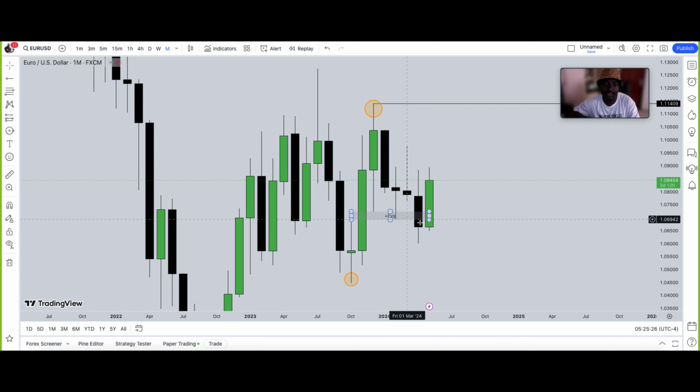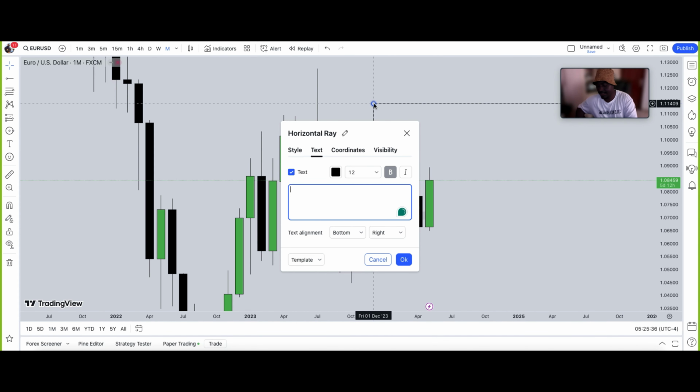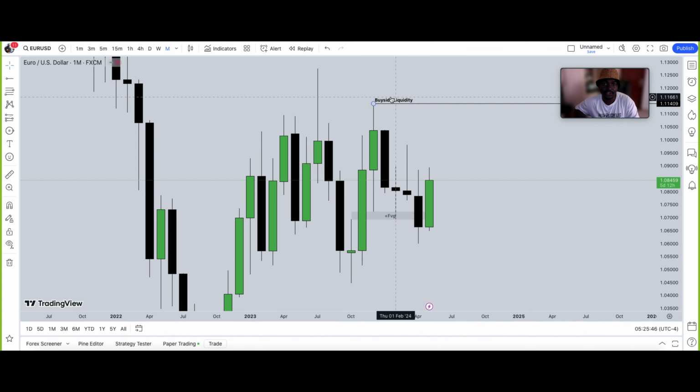And at this point here, we can see some high resistance. So clearly, we are pushing towards this area of liquidity there, which we can now refer to as buy side liquidity. So that is buy side liquidity. So that is the right area of interest, this one here.